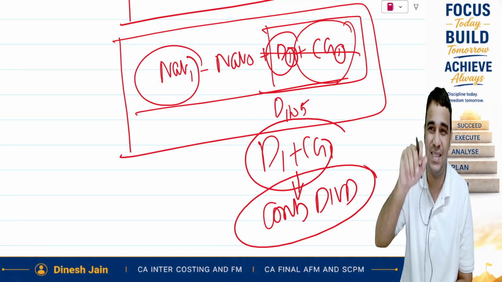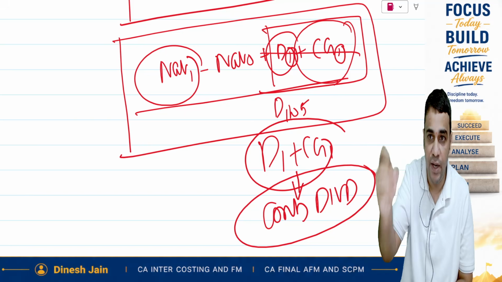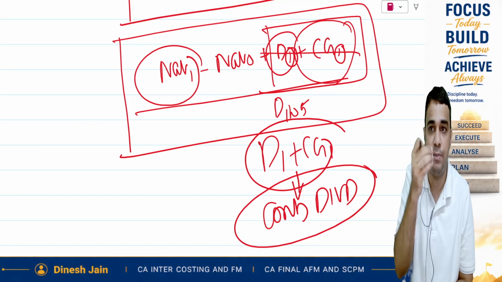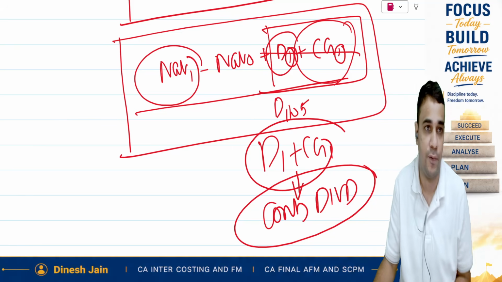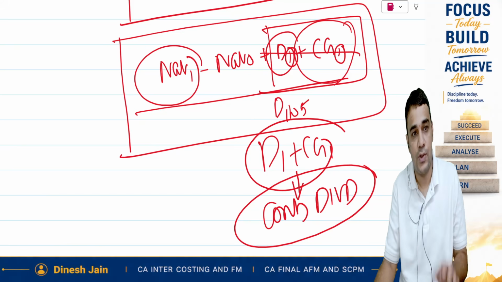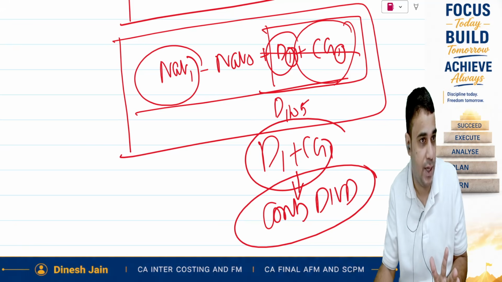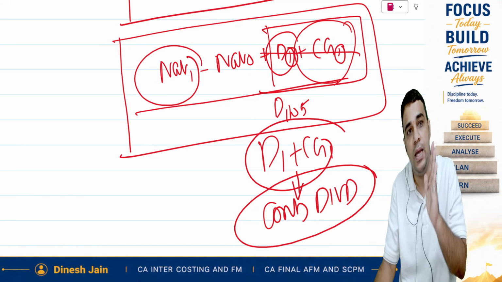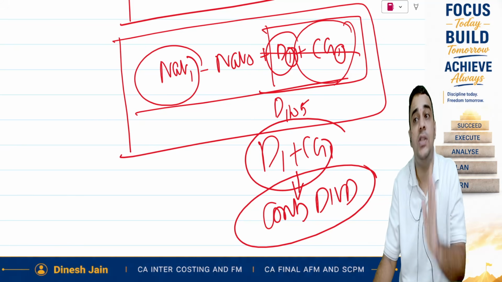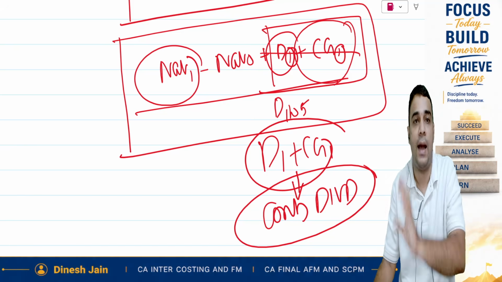When they paid that 7 rupee dividend, if I go and do the accounting, 7 could be paid with 2 rupees from the dividend income and 5 rupees from the capital gain income of the mutual fund. Any doubts here? So NAV1 minus NAV0 is called capital appreciation. The technical name is capital appreciation. D1 is dividend. CG1 is dividend paid out of capital gain.